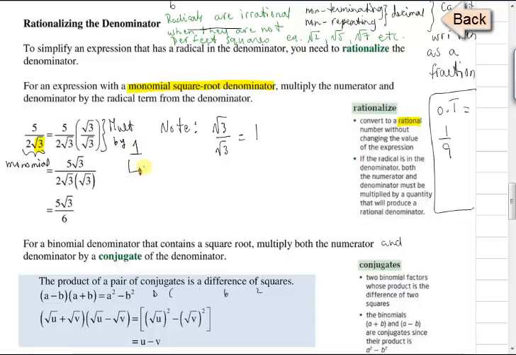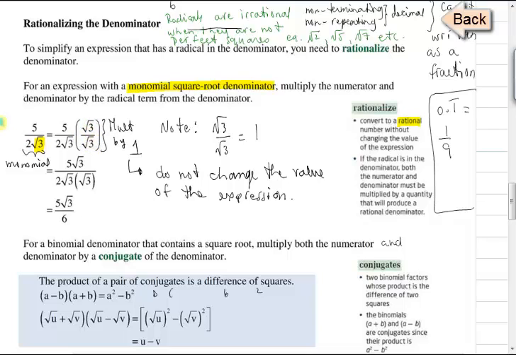And when you multiply by 1, you do not change the value of the expression. If you don't change the value of the expression, it's really the same thing. So our radical is root 3. We're going to multiply by root 3 over root 3.